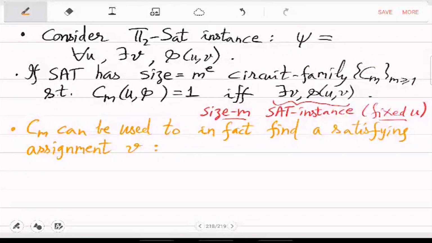Basically, fix V. First you have checked that C_m(u, phi) is 1, right, this you have checked.